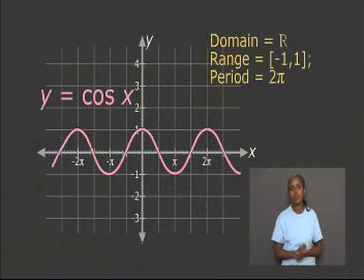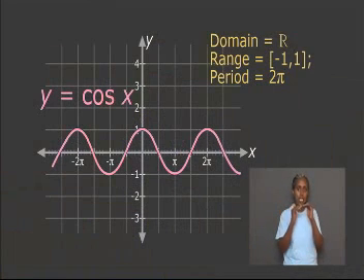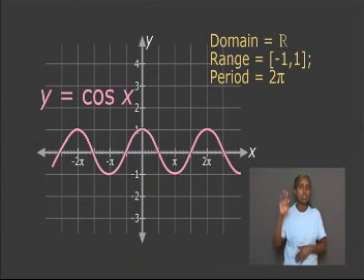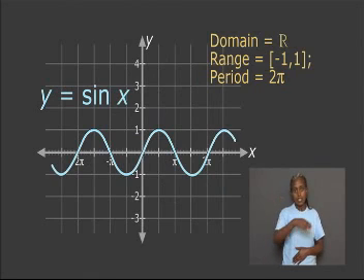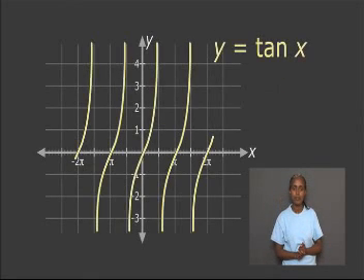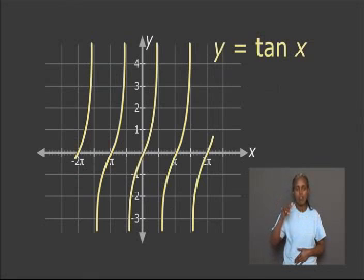The graph of y equals cosine x looks like this. The graph of y equals sine x looks like this. The graph of y equals tangent x looks like this.